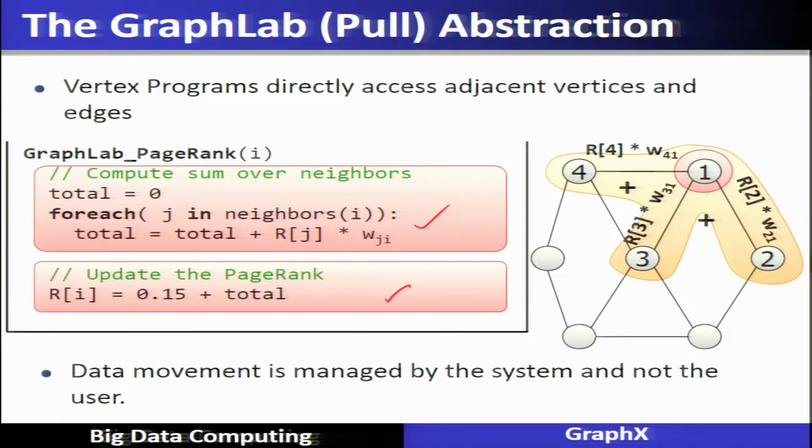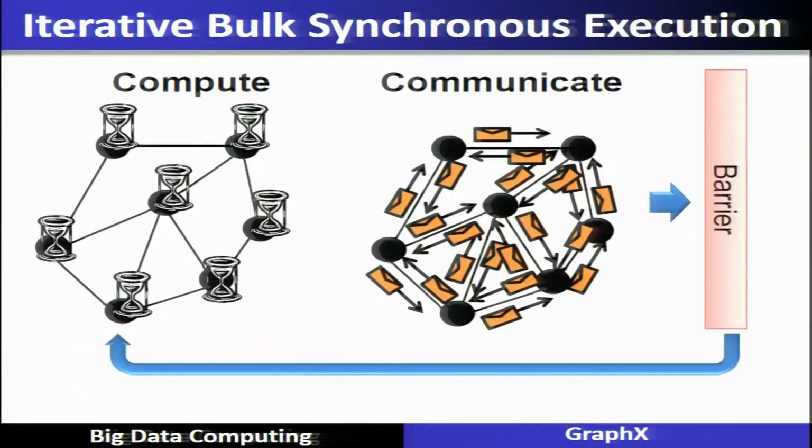Here the data movement is managed by the system and is handled automatically. The user has to write these vertex programs, and the rest is taken care of. When data from the neighbors is required in the programming construct, the pull abstraction automatically gets these values from the neighboring node, as part of the internals of GraphLab.